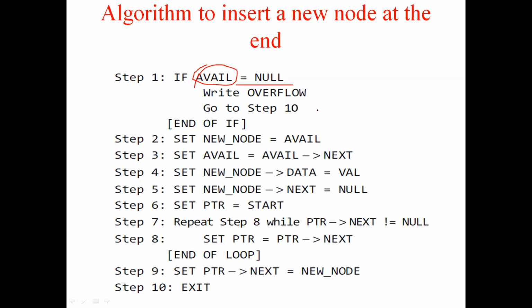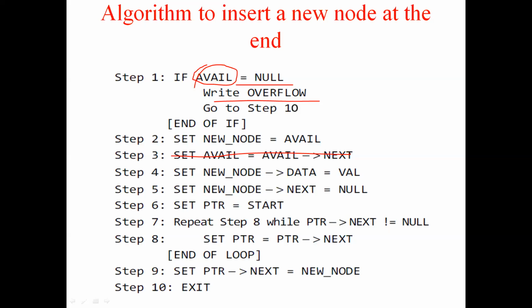It tells it is overflow. So don't get confused with the avail part. When you're studying, you can just ignore this line in step number 3. Avail is nothing but whether space is there or not.